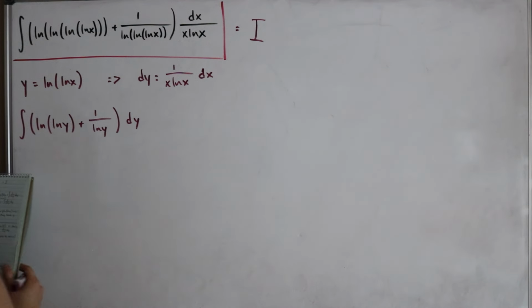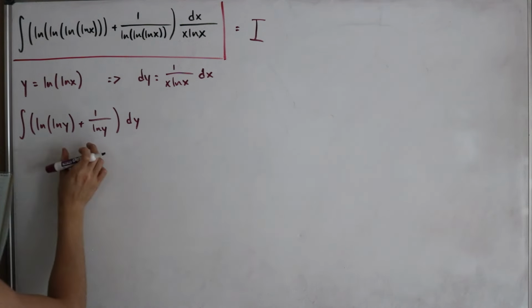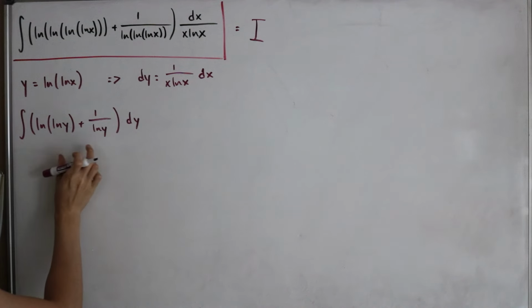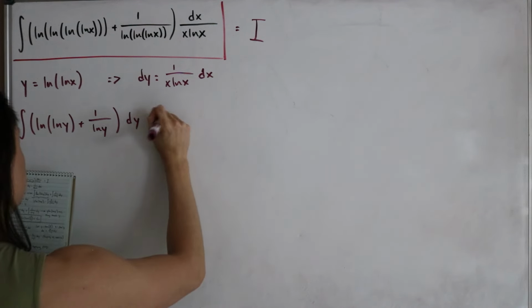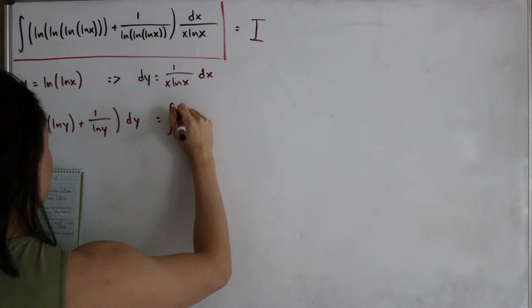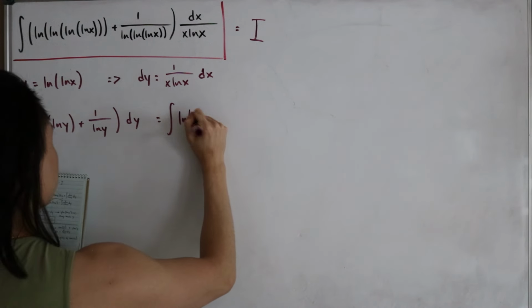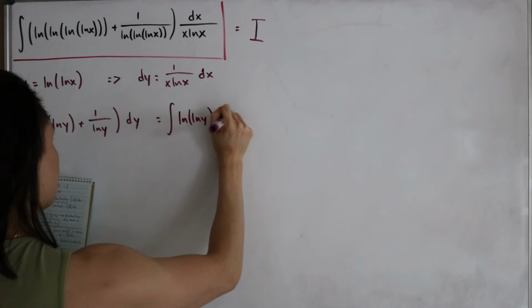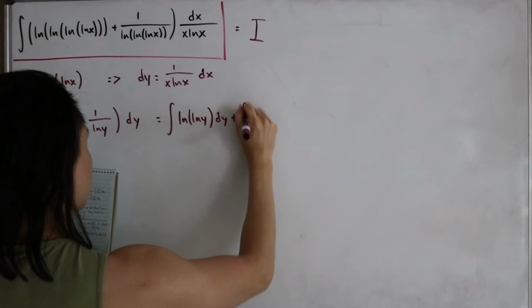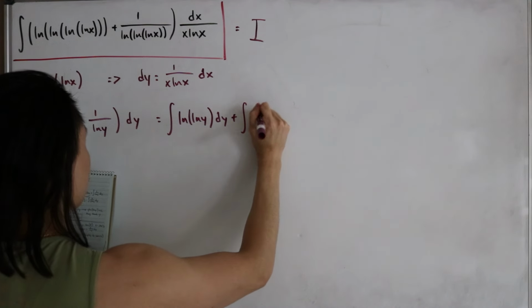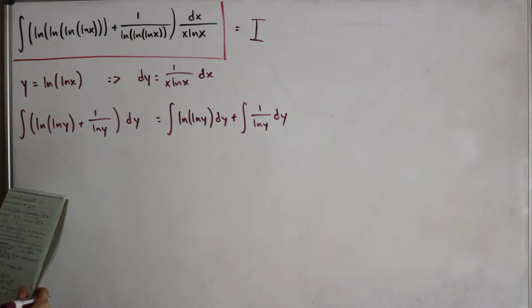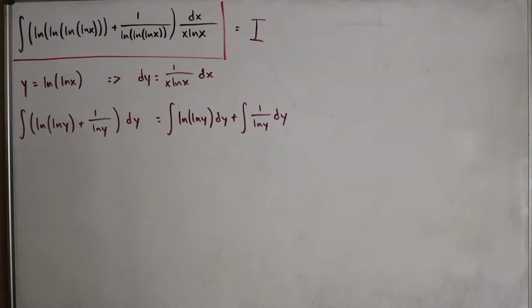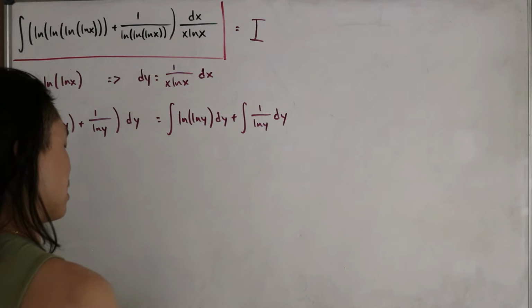Why don't we split this up so that we are dealing with a sum of indefinite integrals. That means I have the integral of the natural log of the natural log of y dy, added with the integral of 1 divided by the natural log of y dy. This second integral is kind of self-explanatory, I don't think it's going to be much of a challenge.